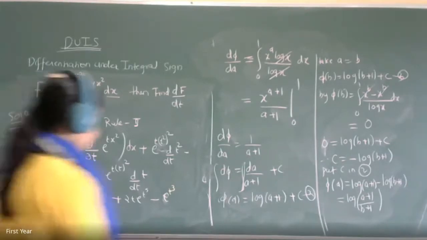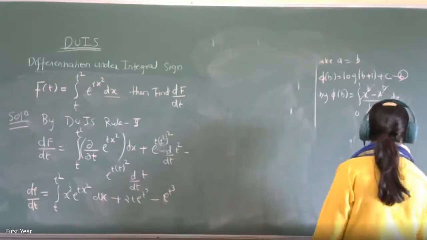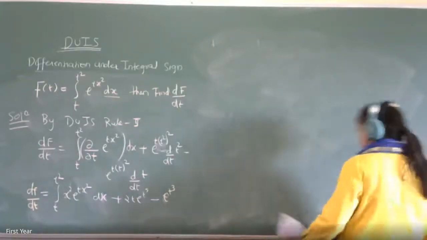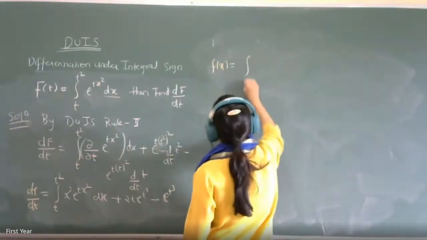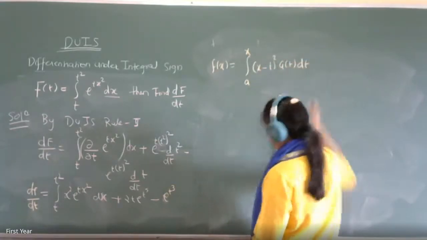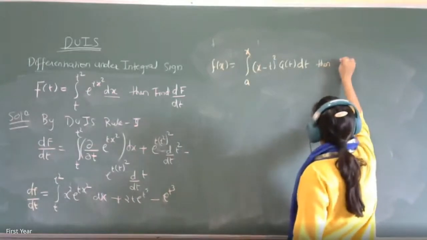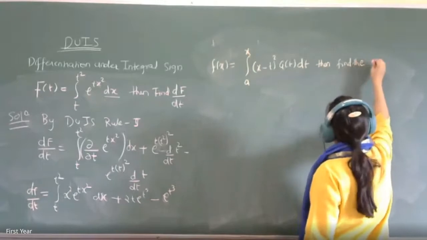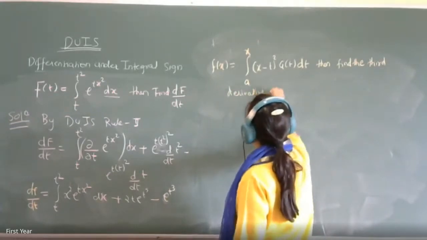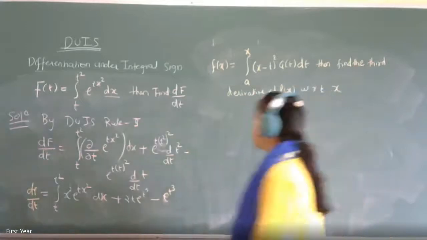If f of x is equal to the integration from a to x of (x minus t) square into g of t dt, then find the third derivative of f of x with respect to, obviously, x. That is d cube f by dx cube.